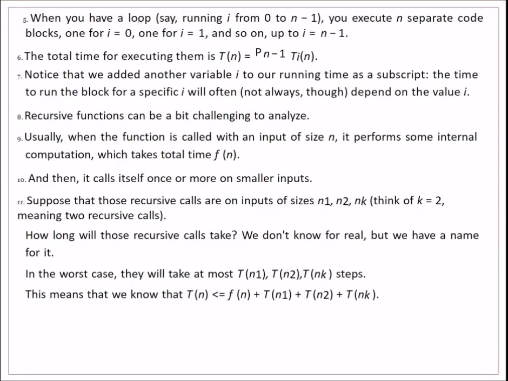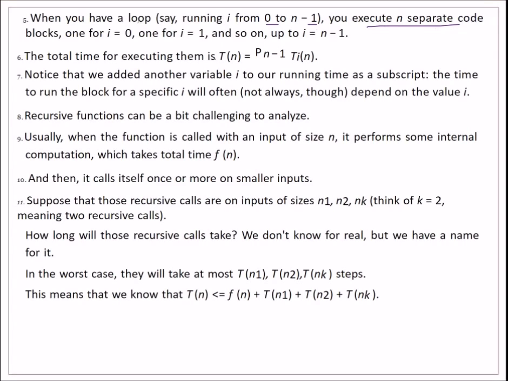For example, if you have a loop that runs from 0 to n minus 1, where i is a variable which varies from 0 to n minus 1, then we have n separate code blocks. It will run n times.